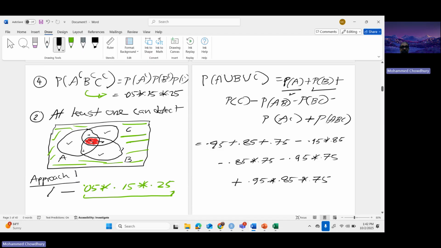So now do this computation and tell me whether these two results are same or not. Compute these things and compute these things. Tell me the results whether they are same or not. They are same, right? In both cases, right? So now if I ask you to detect the missile by exactly 2 units, how can you do that?